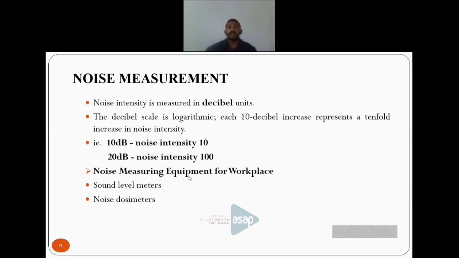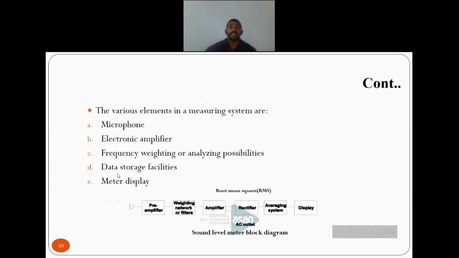Noise can be measured mainly by two instruments: sound level meters and noise dosimeters. Now let's see the working principle of the sound level meter. It consists of a microphone, electronic amplifier, a frequency weighting or analyzing facility, data storage facility, and meter display.